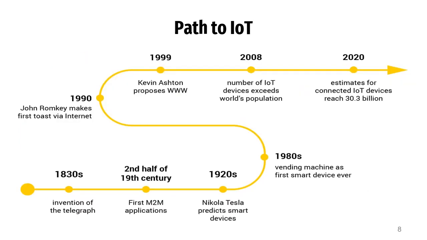Path to IoT. So this is the timeline of IoT which we can see here. Now the concept of the Internet of Things dates back to the 17th or 18th century actually, when researchers began to explore the idea of connecting everyday devices to the internet.